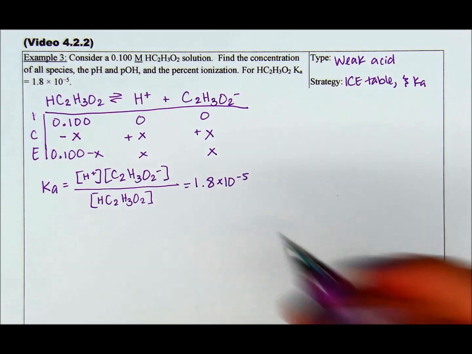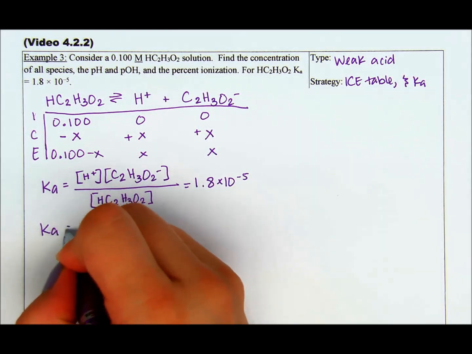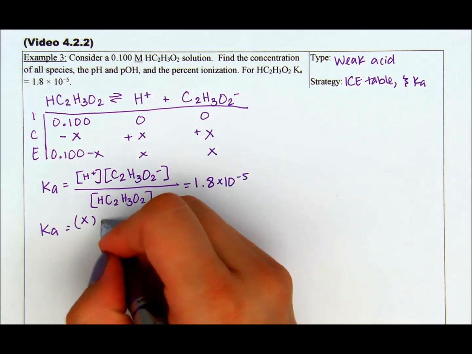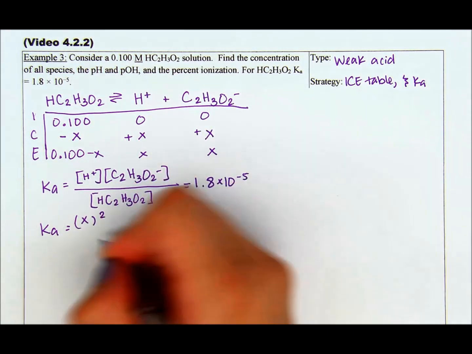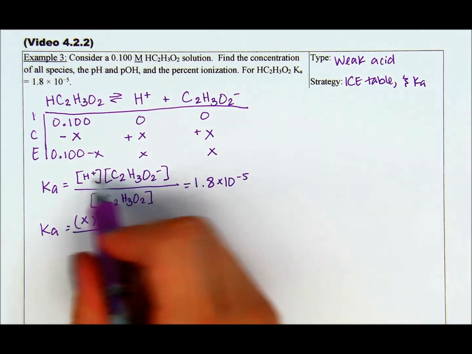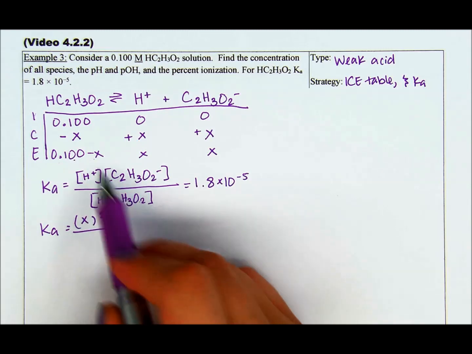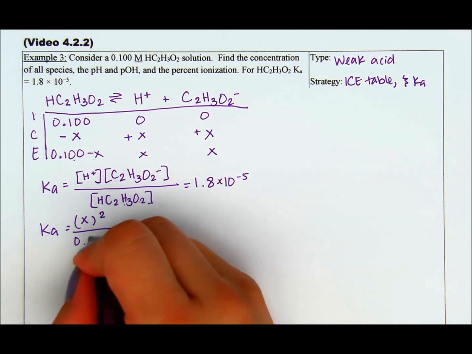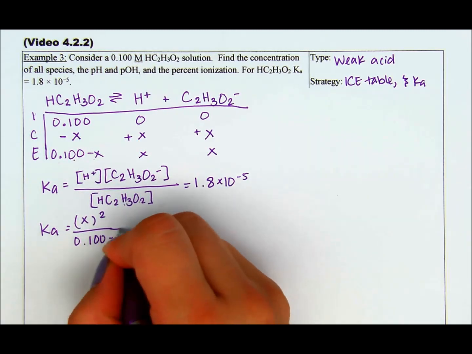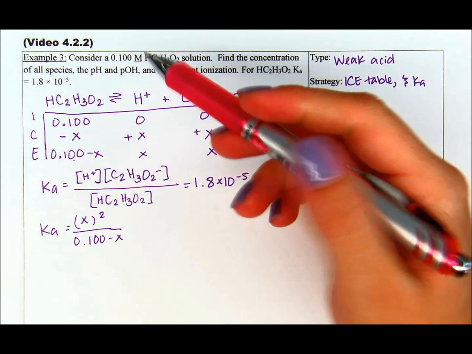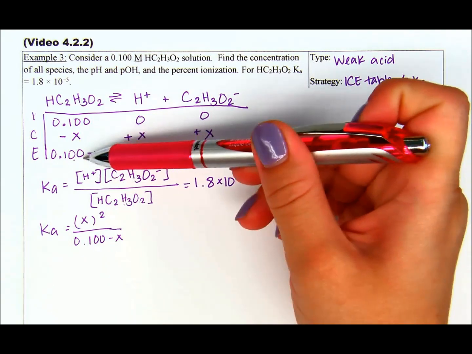Plugging in actual numbers for this, we get Ka is equal to x times x, so just x squared, over 0.100 minus x right here. Now just like before when we were doing Ksp, we can assume that this x is much, much smaller than 0.1 molar.